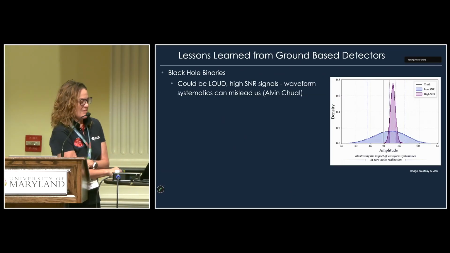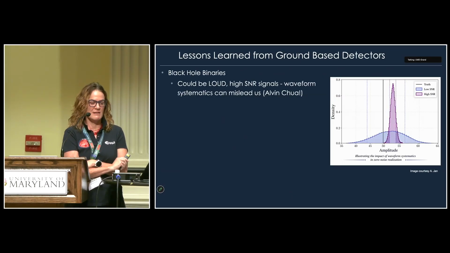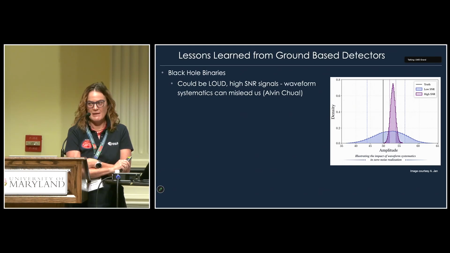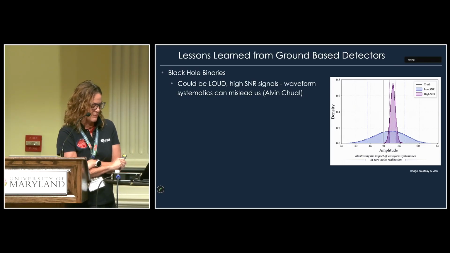So then I thought we would take a quick look at a couple lessons learned from Gaussian-based detectors and one lesson from LISA. So we have been able to do a lot of work with these waveforms over the last several years since the first detection of the binary black hole. And there are differences, right?